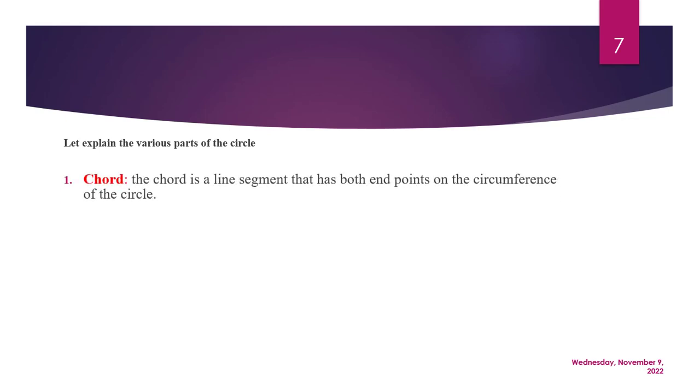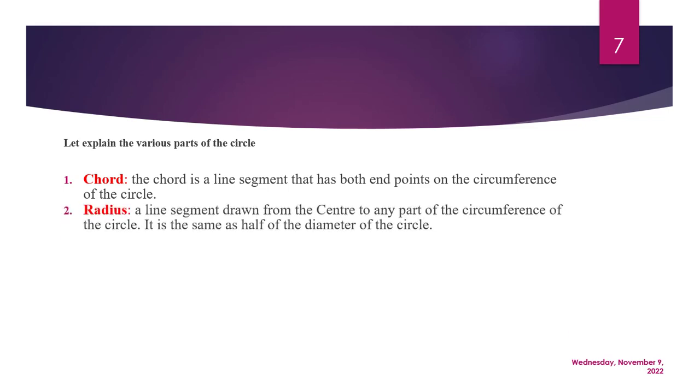Right. So let's explain the various parts of the circle. Chord. What is a chord? A chord is a line segment that has both endpoints on the circumference of a circle. 2.